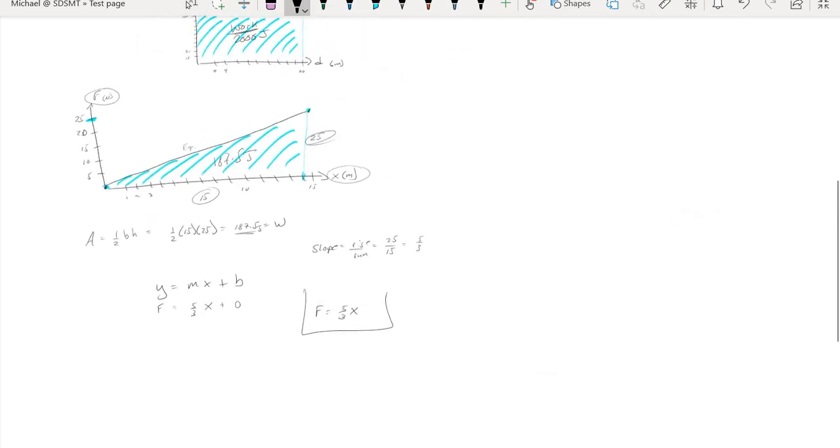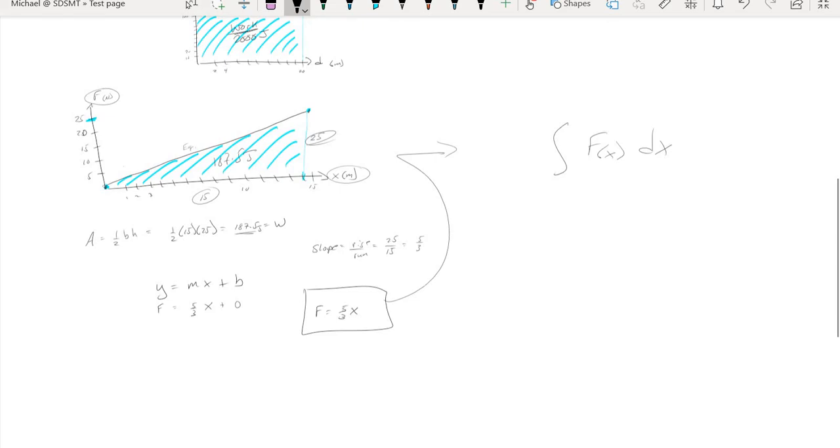Well, the moment we have a function that we can play with is when we can start doing the calculus. And taking the integral of a function is adding up the area underneath that function. And that's exactly what we need to do.